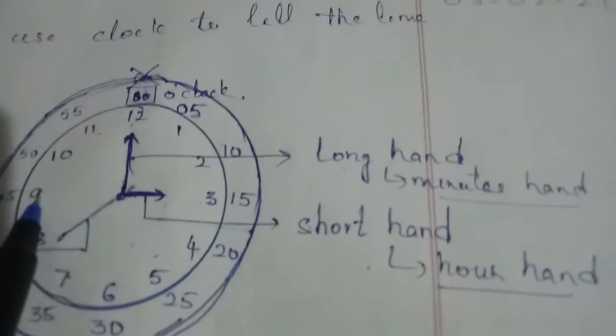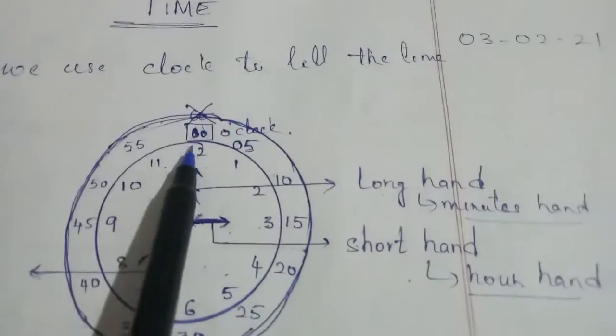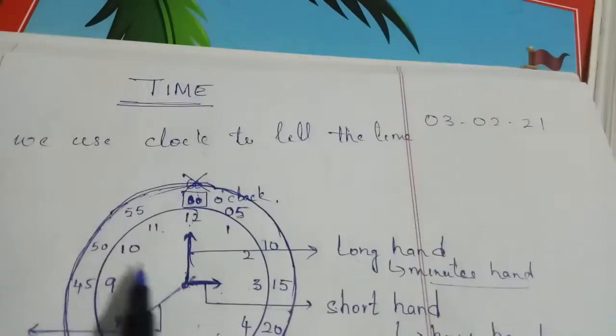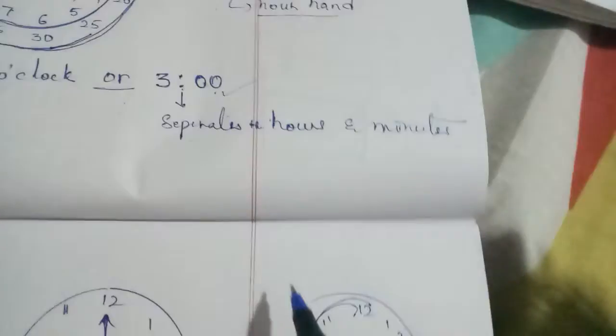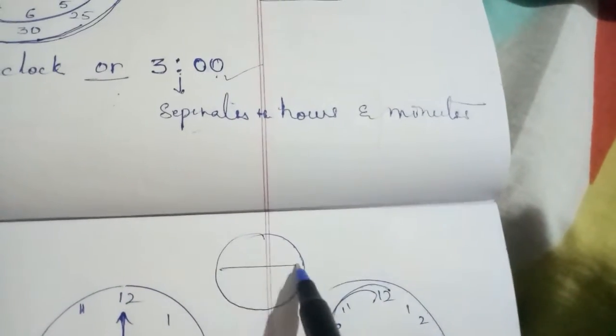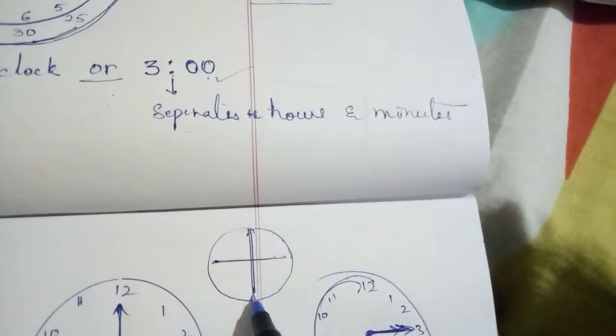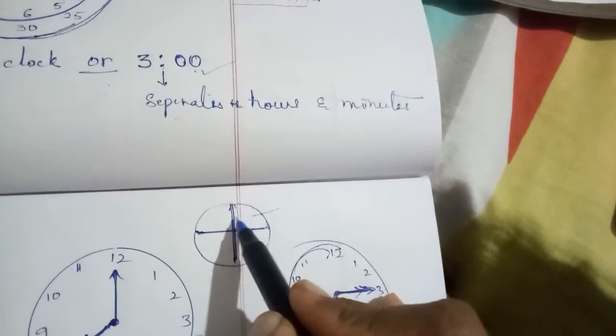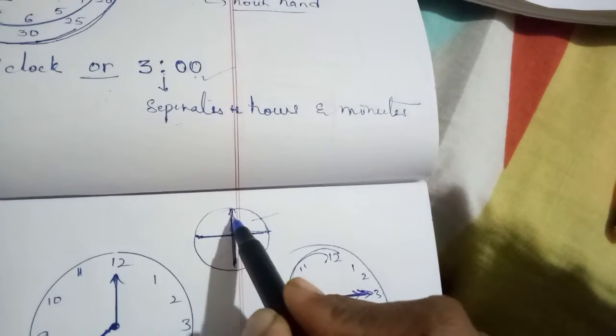If the clock moves from 12 to 12, how much is a quarter part? If we divide the clock into 4 parts, the clock being round, this is one part, this is one part, and this is a quarter part.